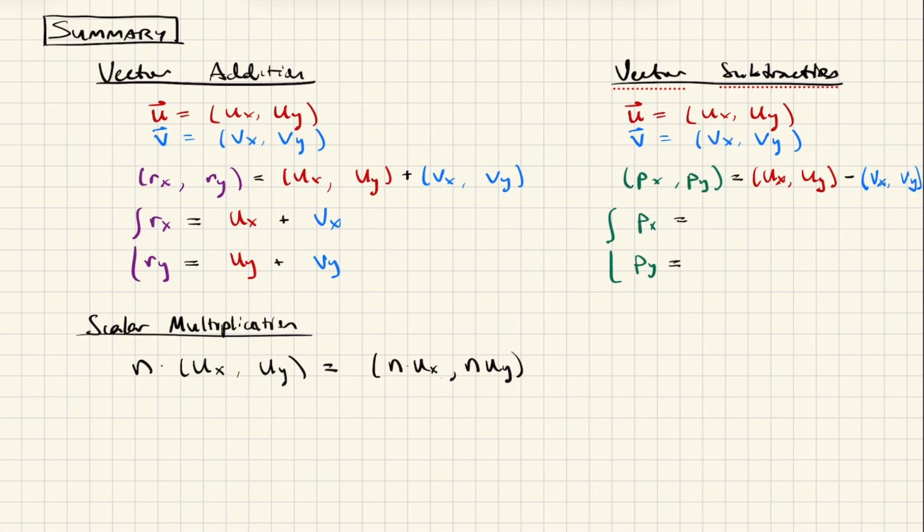And finally, for vector subtraction, we used both of the ideas we came up with for vector addition and multiplication to find out that vector subtraction is also done completely component-wise. In other words, when you subtract two vectors u and v, the resultant vector has an x component given by ux minus vx, the subtraction between the x components, and a y component uy minus vy.